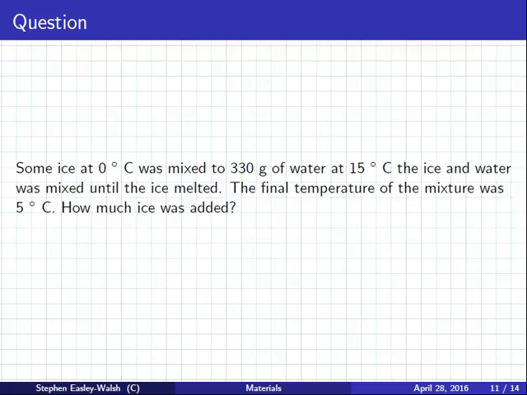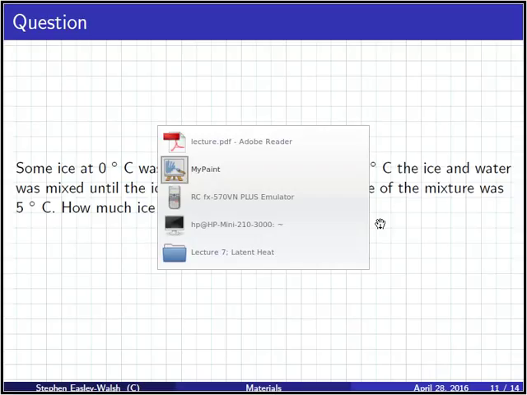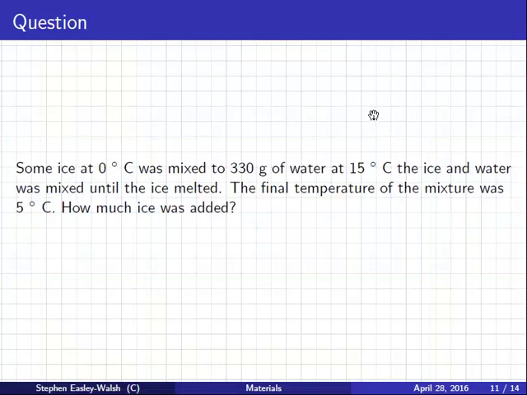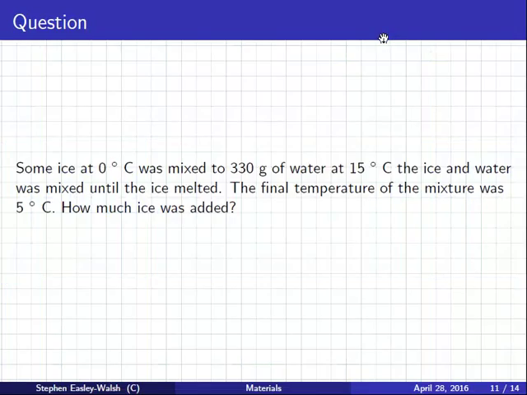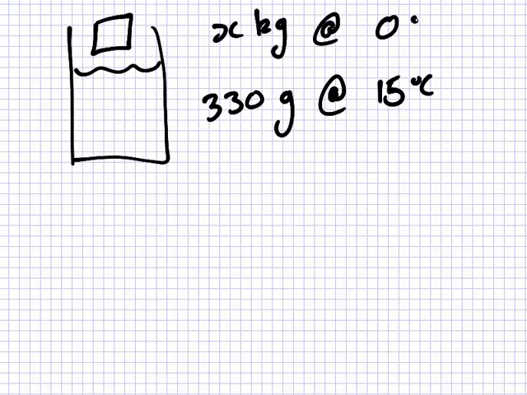So let's try and work this one out. Let's draw what we have here. So I'll draw it here for you. You have water, 330 grams at 15. You put in some ice, which we'll call X kilograms, at 0.